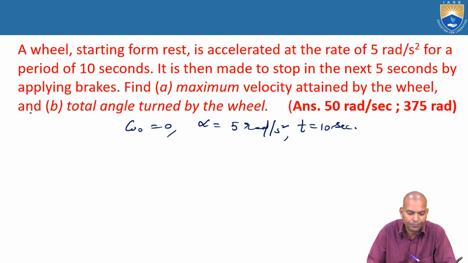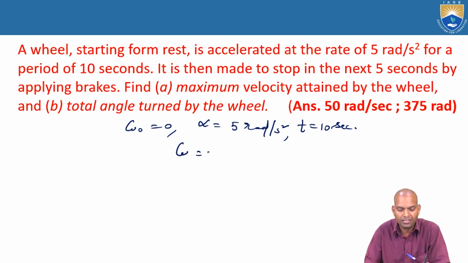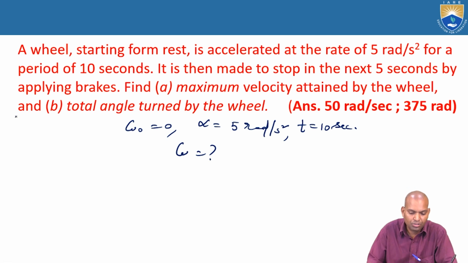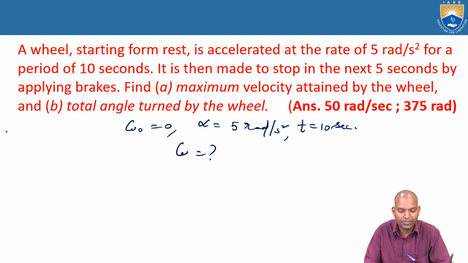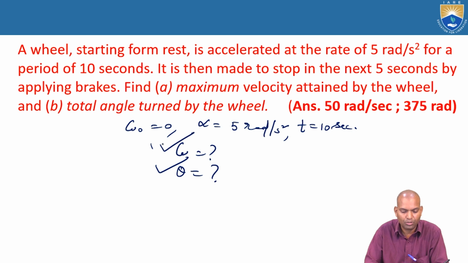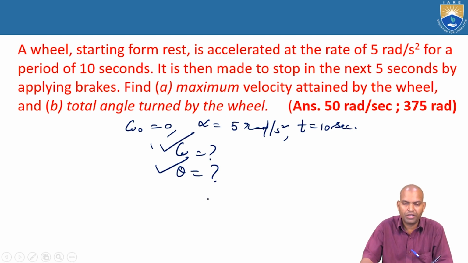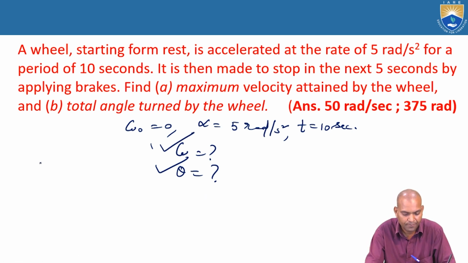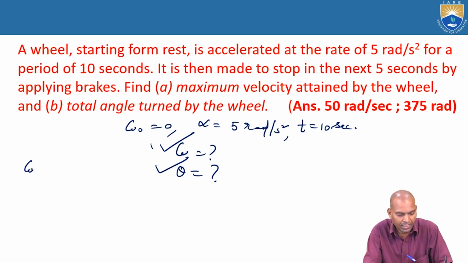Find the maximum velocity attained by the wheel. What is the maximum attained by the wheel? That is the final angular velocity. And also total angle turned by the wheel. What is the angle turned? That is angular displacement. Okay, these are the two objectives we have to calculate. Apply those equations of motion. Omega equal to omega naught plus alpha times t, one of the equations.